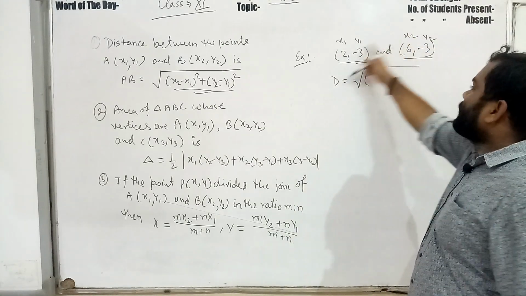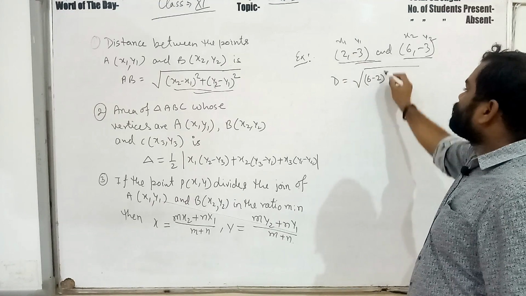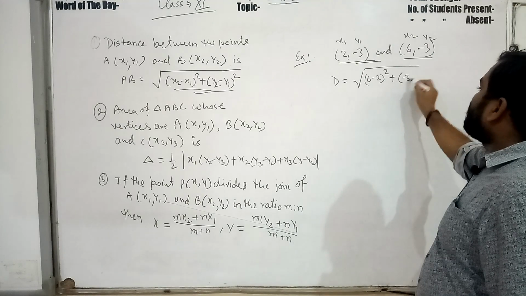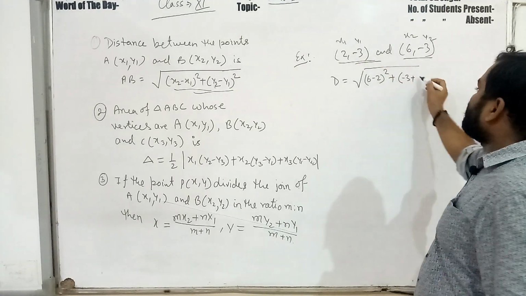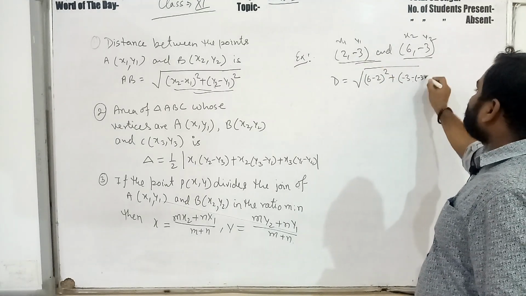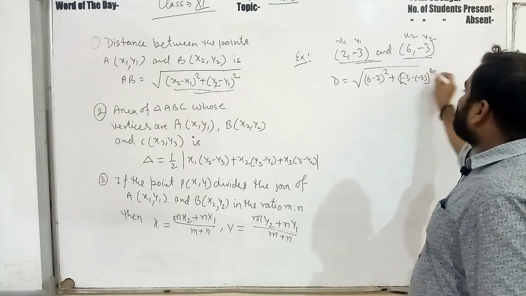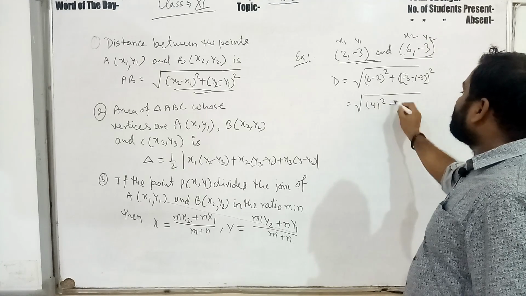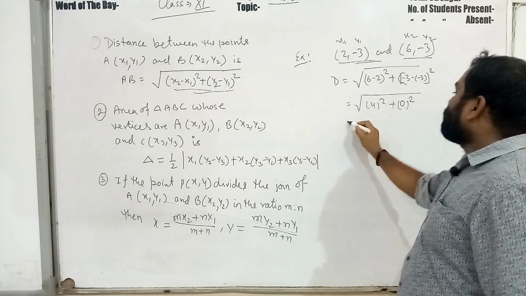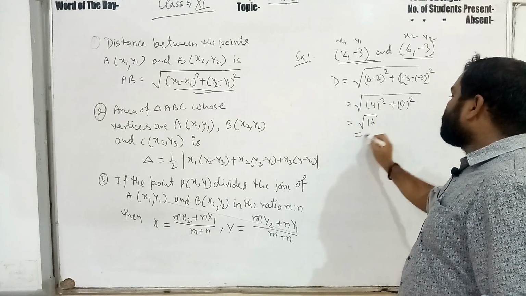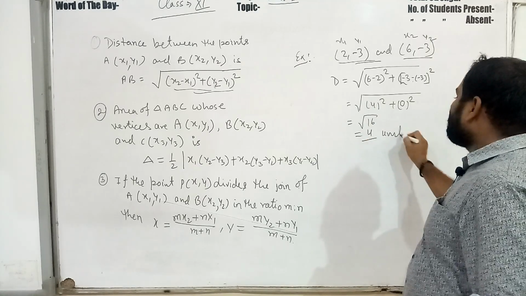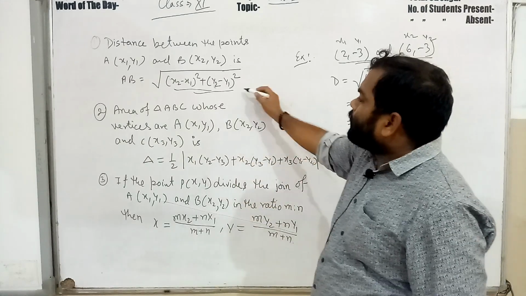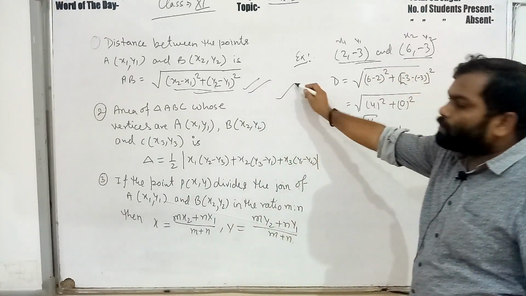So x2 minus x1, that is 6 minus 2, squared, plus y2 minus y1, that is minus 3 minus of minus 3, squared. This gives 4 while this gives 0. So the square root of 16 gives us 4 units. So these things we have learned in the previous class itself. That is, distance we can find out using this formula.